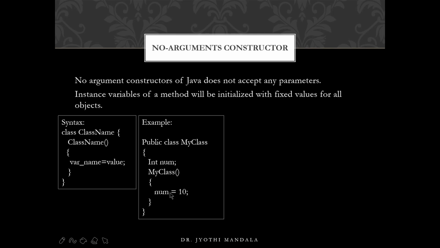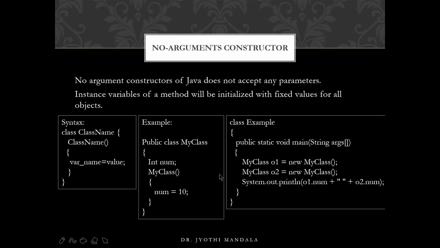Now, having created one class like this, I have created another class, Example. In this example I have taken the main method, and in the main method I am creating an object of this class. Earlier we wrote statements like this without writing any constructor.